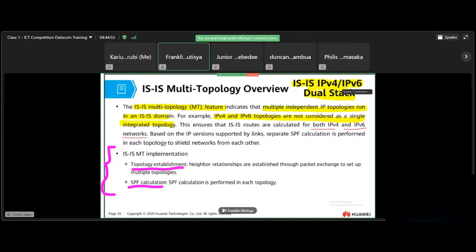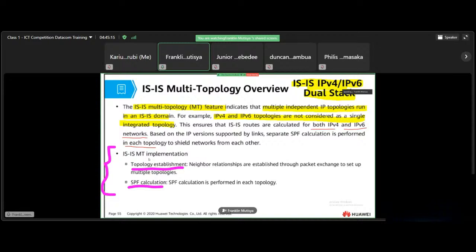So we can have separate SPF calculations, that is shortest path first calculations, performed in each topology. Each topology operates independently and won't affect the other topology.